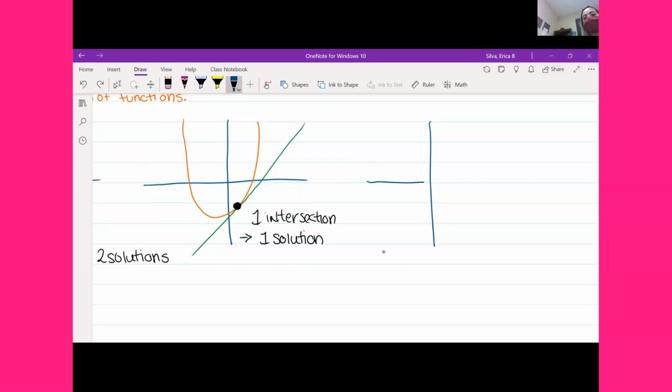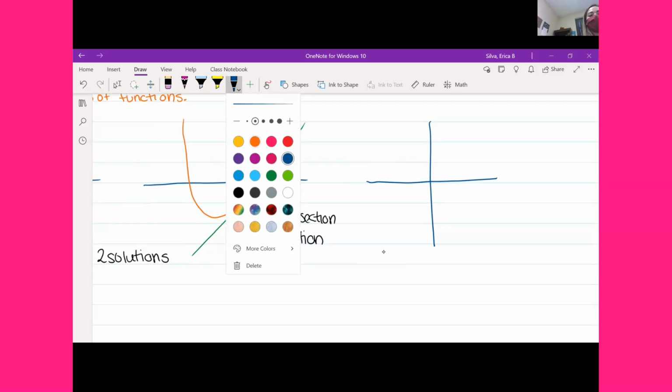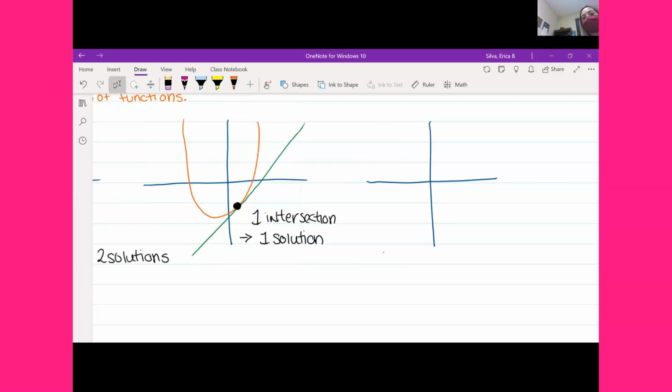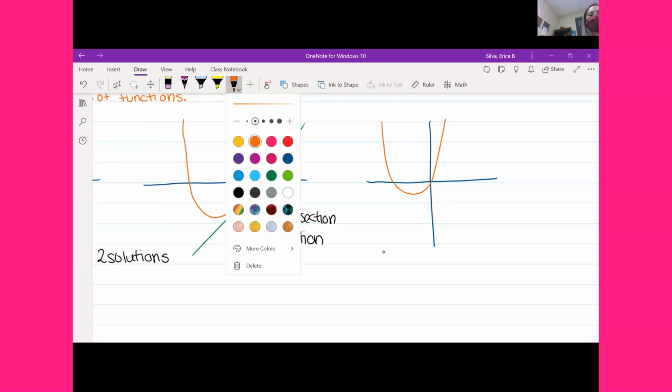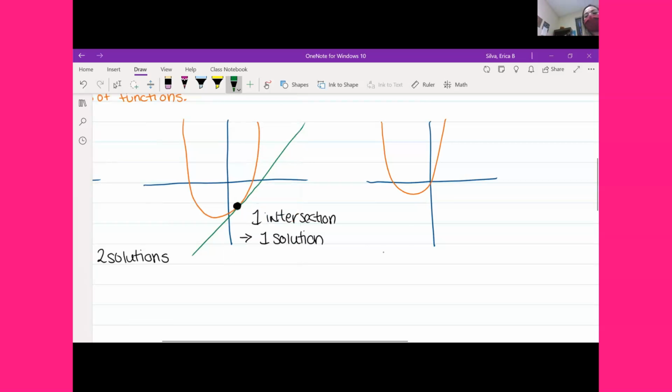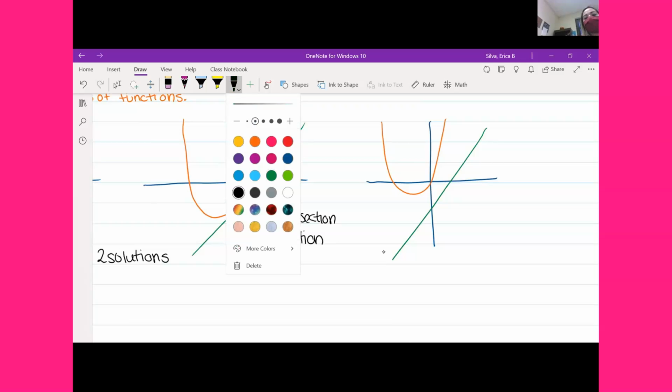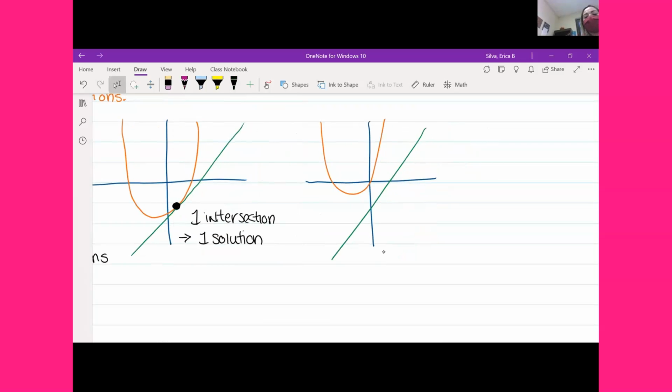Then we have an example where we have a quadratic function and a linear function where there is no intersection. So if there is no intersection, that means there is no solution. Questions so far?